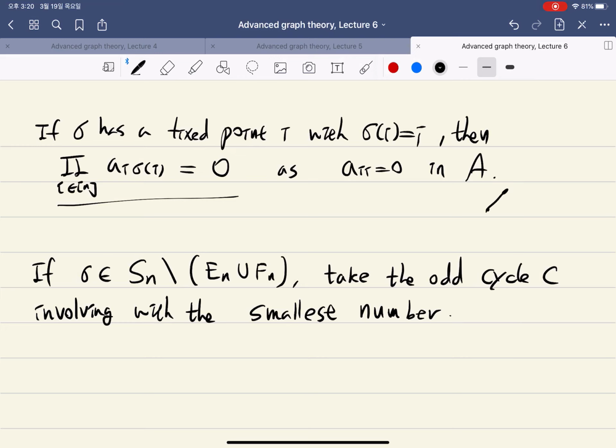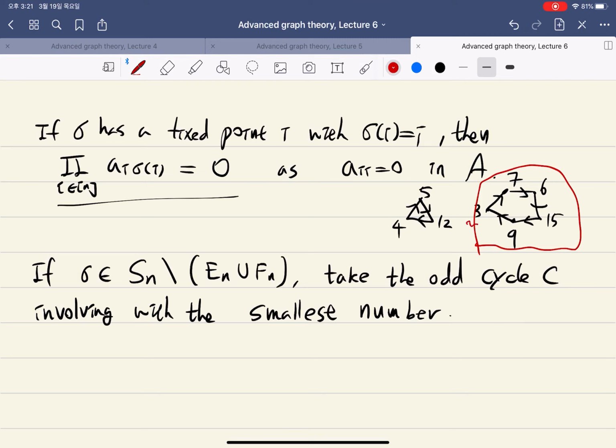So for example, if you have two odd cycles, like this one, 5, 12, 4 and 3, 7, 6, 15, 9. Then we choose this as C because it involves the smallest number, which is 3. And let's say 1, 2 are in an even cycle, then 3 is the least one involved in an odd cycle.